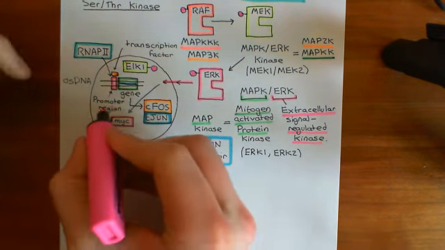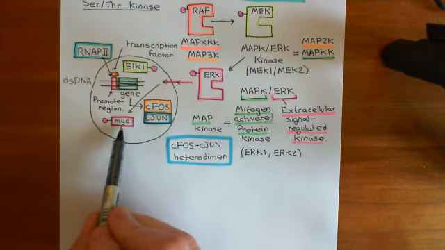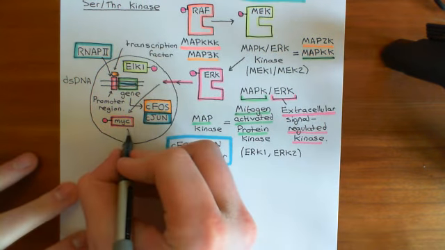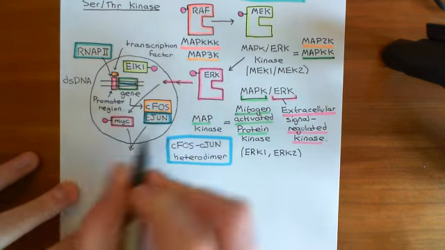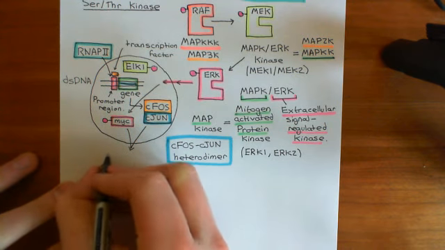Now, the reason I didn't mention this before is that MYC transcription factors, once activated, and CPhos-CJUN heterodimers pretty much do the same thing. They bind to a huge number of different promoter regions of a huge number of different genes, and they change gene expression.